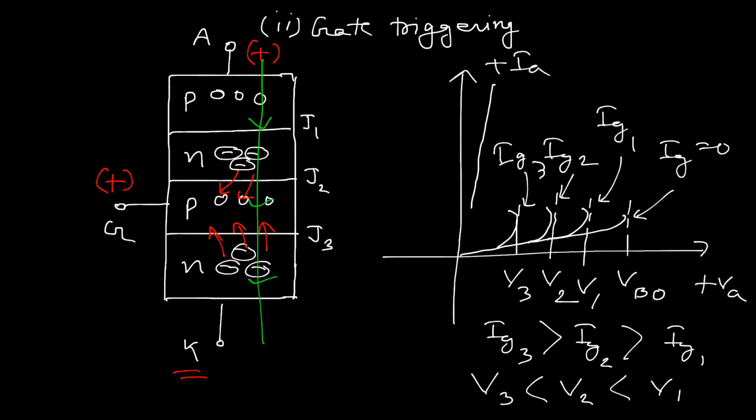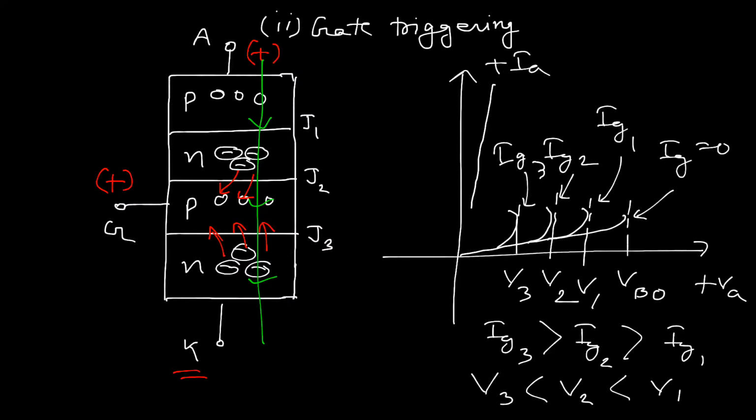So we can conclude that as we increase the gate current, the breakover voltage of the thyristor is reduced. That means for any thyristor specification, we can work under normal working voltage, but we should apply the appropriate triggering pulse across the gate.